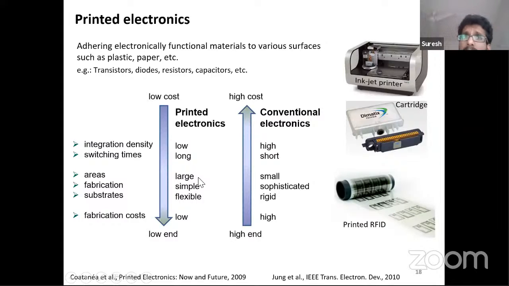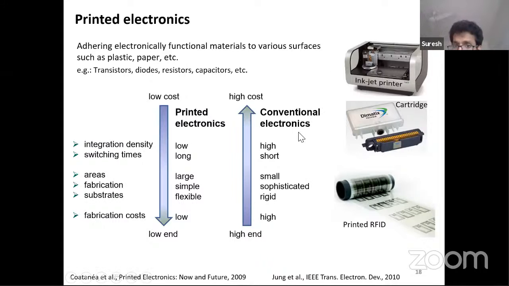You can print millions of square meters or kilometers. For example, how you print a newspaper, right? You are doing roll-to-roll printing. Instead of a square millimeter, you can print square kilometers as well. Such a large area you can print using the printed electronics concept, the fabrication is very simple, and you can have flexible electronics as well. So these are the advantages.